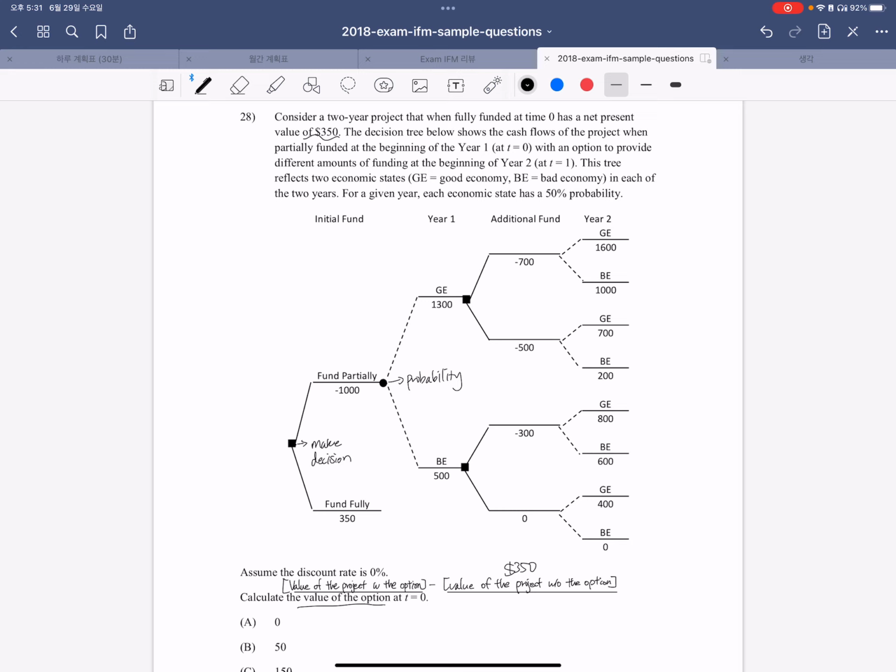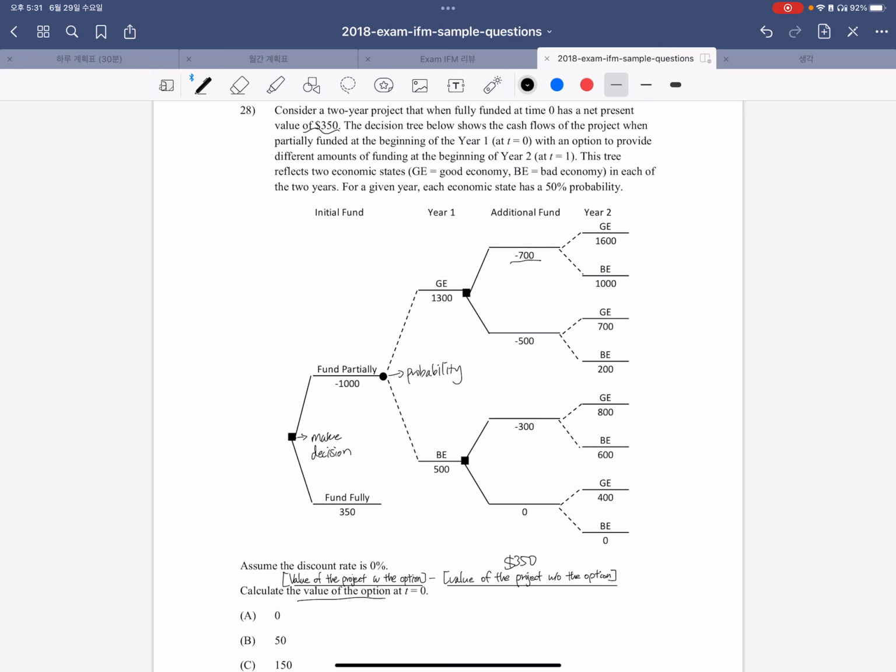It makes sense that we don't get to decide that. So when we don't see any black squares here, we just want to calculate the expected value of payoffs.